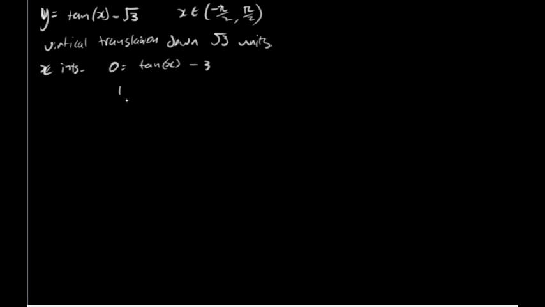So when tan of x is equal to the square root of 3, we can solve for that between the 2 points minus pi on 2 and pi on 2. So on our unit circle, we've got pi on 2.